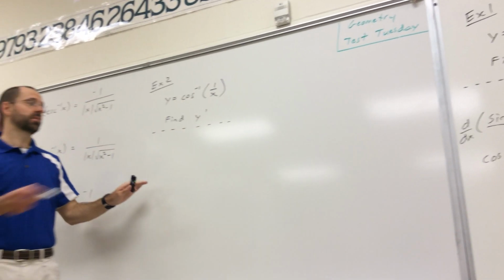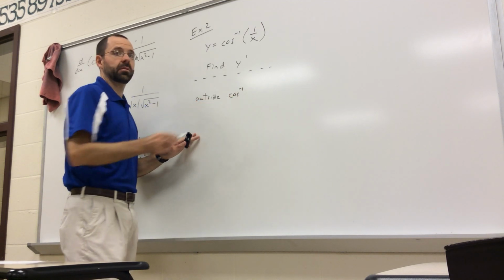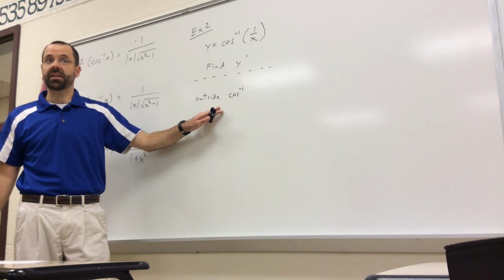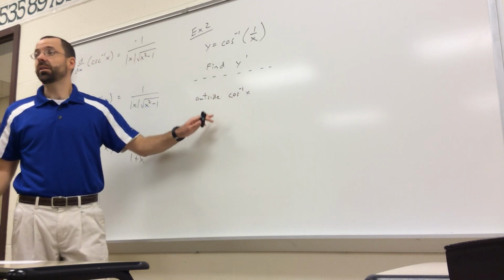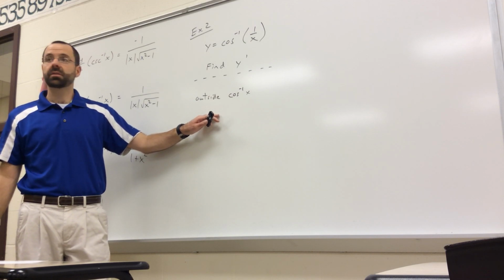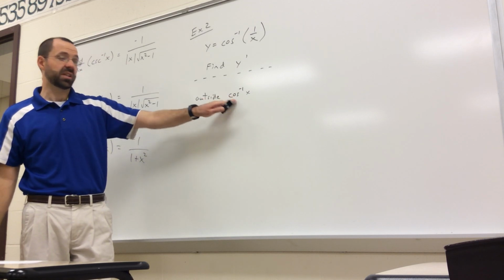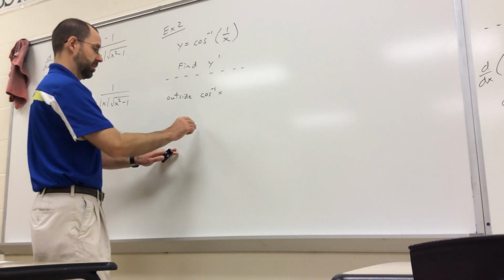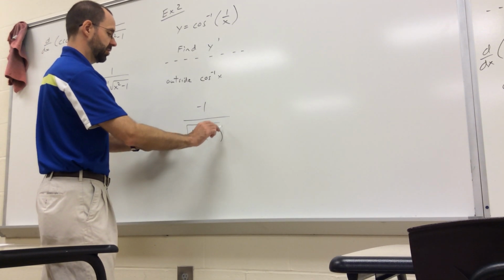The outside function is inverse cosine. And then 1 over x is plugged into that. So outside function is inverse cosine. Inside function is 1 over x. Okay, so the way the chain rule works is you take the derivative of the outside, which is that over there, negative 1 over the square root of 1 minus blank squared.